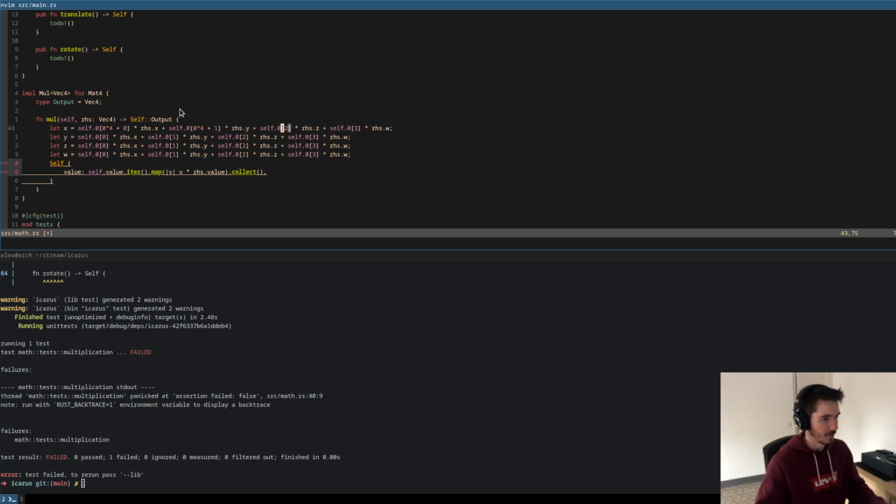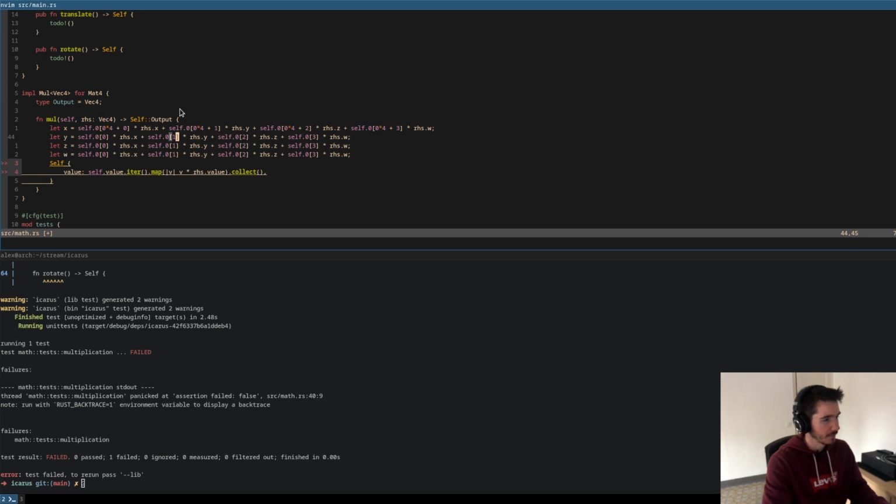This is 0 times 4 plus 2. And this is 0 times 4 plus 3. We multiply by 4 because there are 4 elements for each row. So in order to move from one row to the other, we need to have 4 elements.